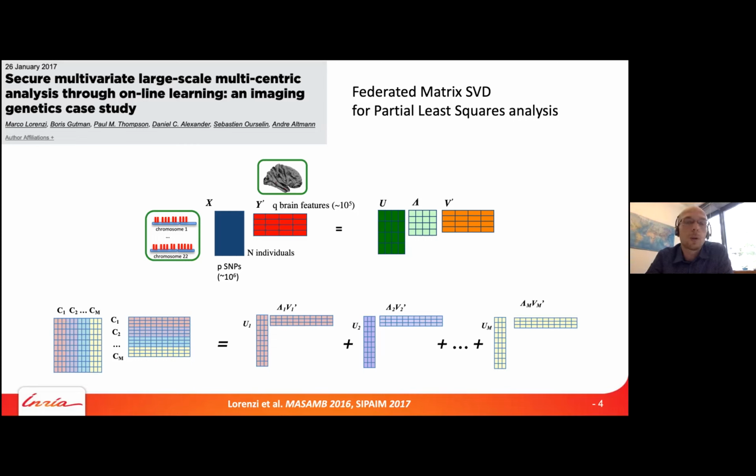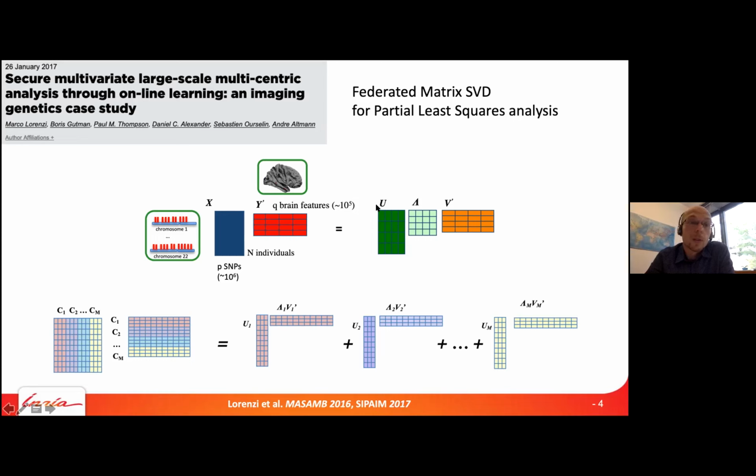So for example, we can do partial least squares, where the basic operation is estimating a covariance matrix between these different kinds of features that I denote here X and Y. It could be genetic and imaging for different subjects. And we have to estimate an SVD. So it's basically a sort of PCA for cross-modality data.